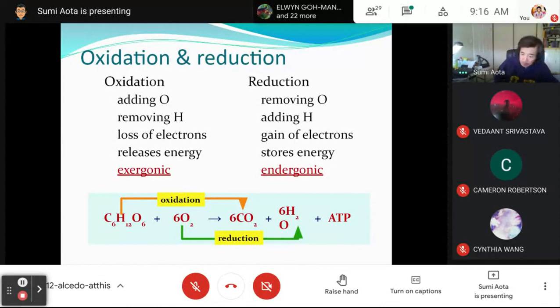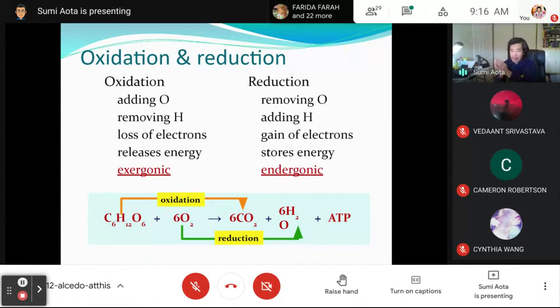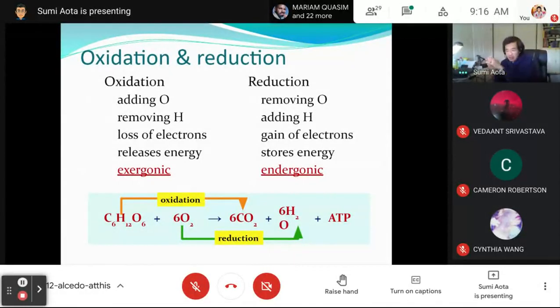So in order to make ATP, you need a source of energy, because taking ADP plus a phosphate and combining them needs energy. What we're going to do is break bonds in glucose, because the breakdown, the digestion of glucose, is exergonic, and we're going to use that energy to drive the synthesis of ATP.